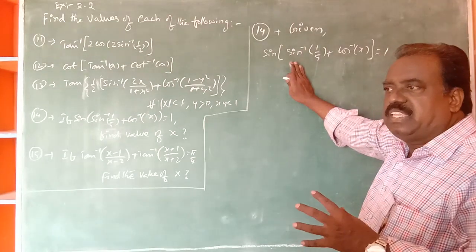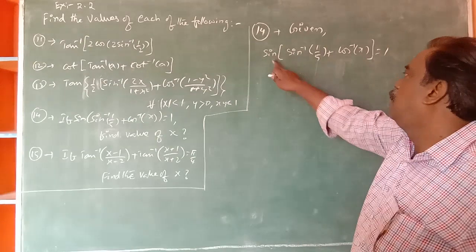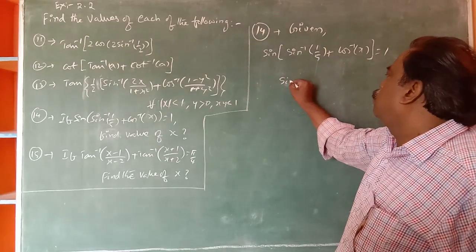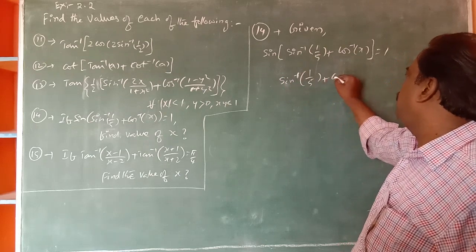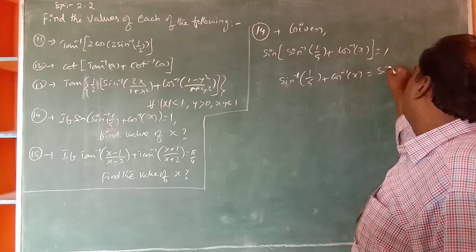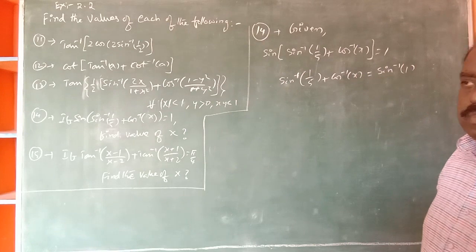By using this condition, we will find the value of x. I want to send sine to this side. So it is sine inverse 1 by 5 plus cos inverse x is equal to sine inverse of 1.